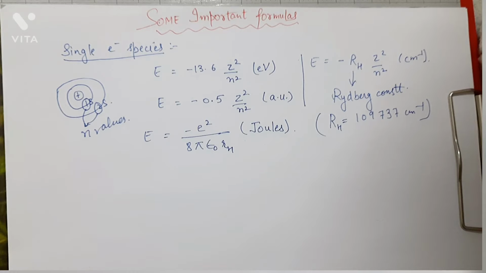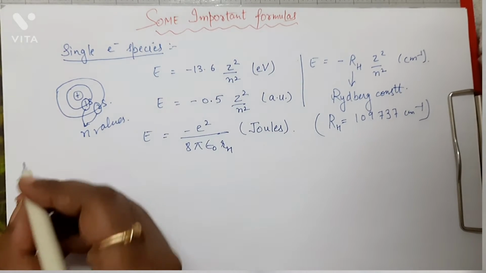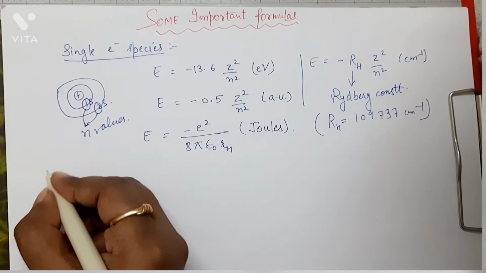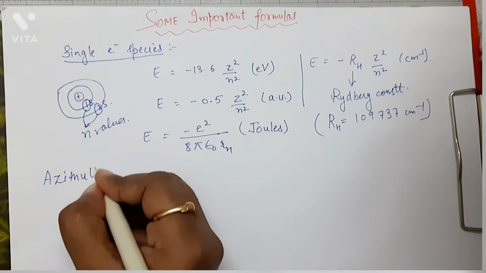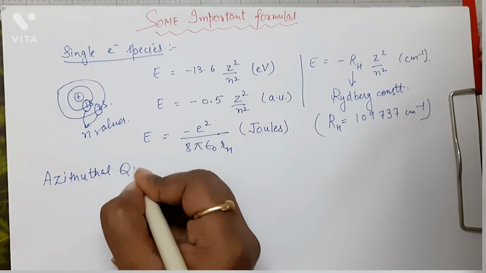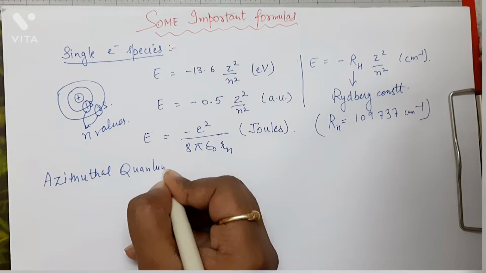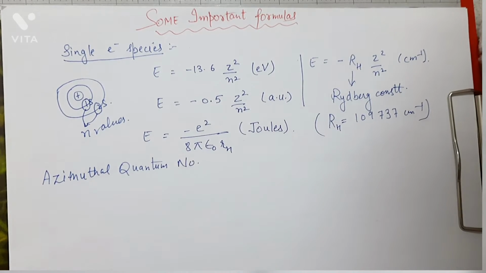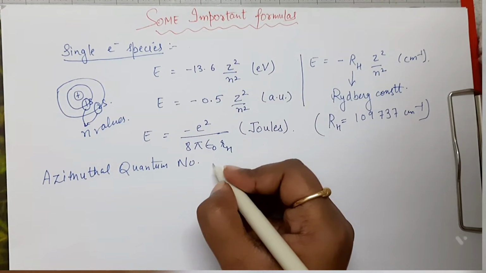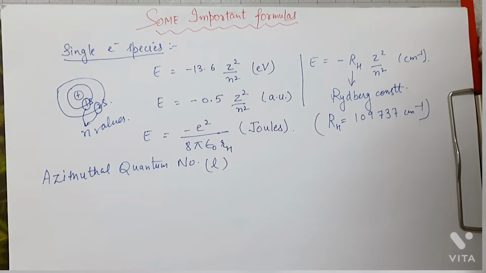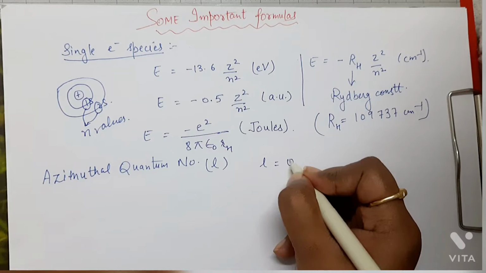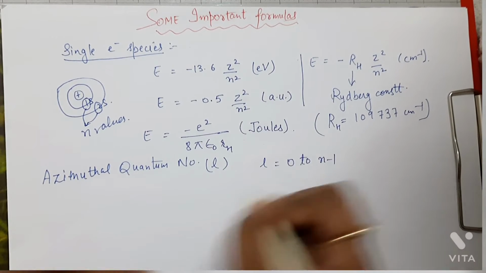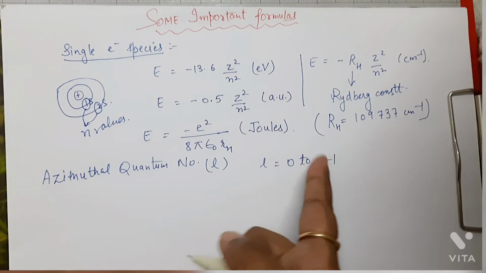energy at various levels. Now moving ahead, we have already studied what the azimuthal quantum number is. We denote the azimuthal quantum number as small l, and the value of small l is from 0 to n minus 1, where n represents the shell.